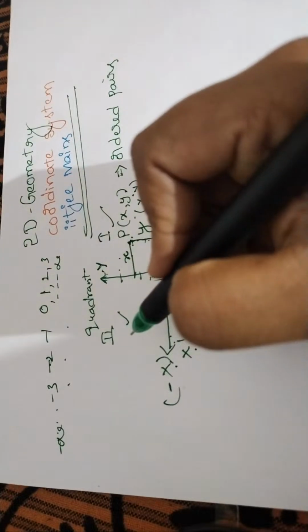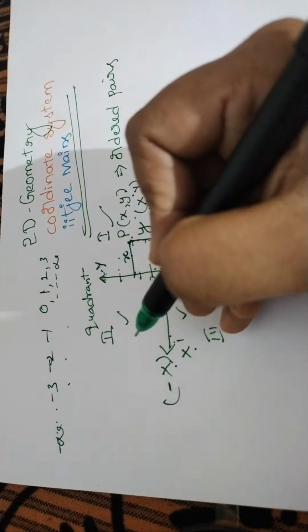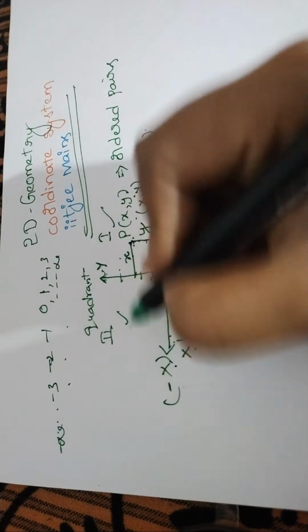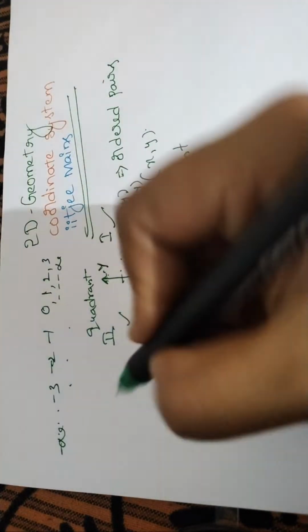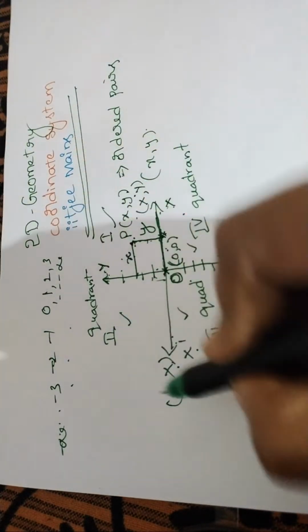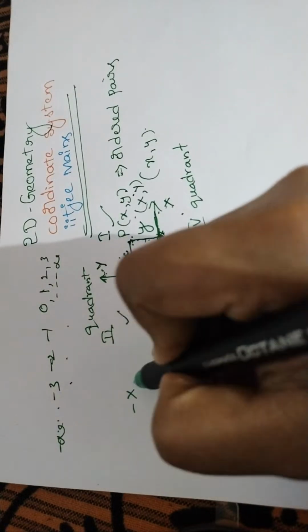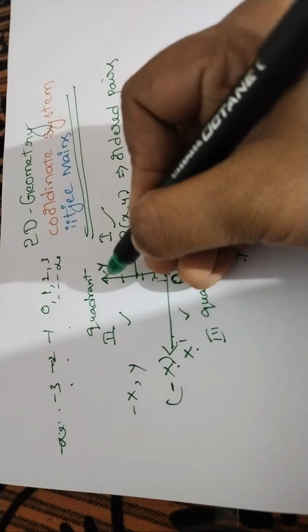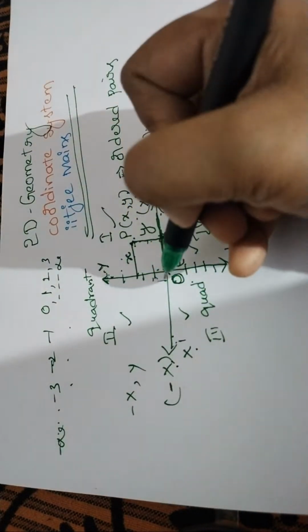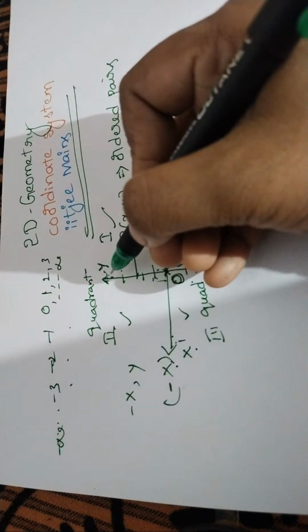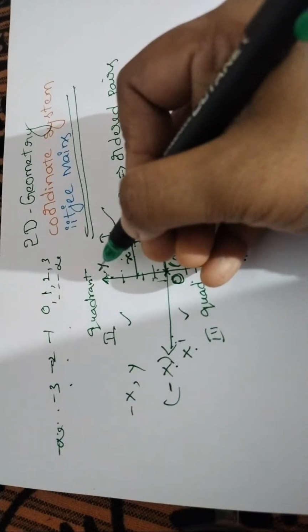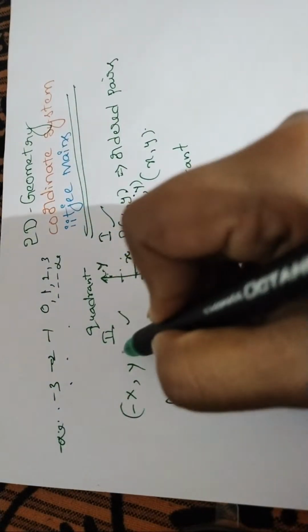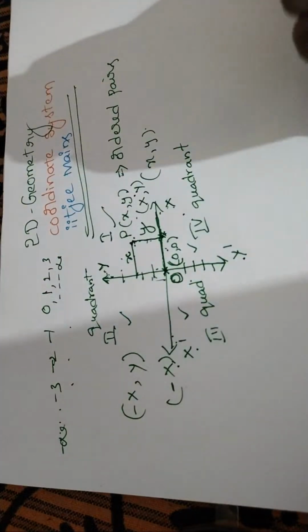Now tell me the second quadrant ordered pairs. Here x is minus x, comma y. What is y here? Positive, I told you above 0 is positive. So the ordered pair is minus x, comma y.